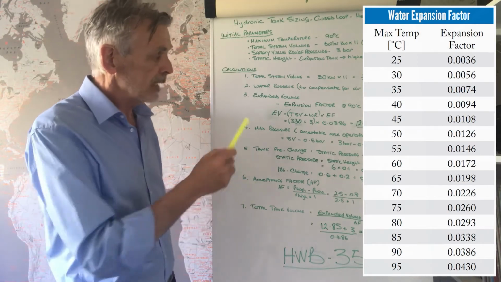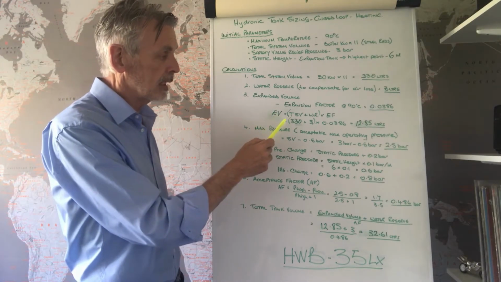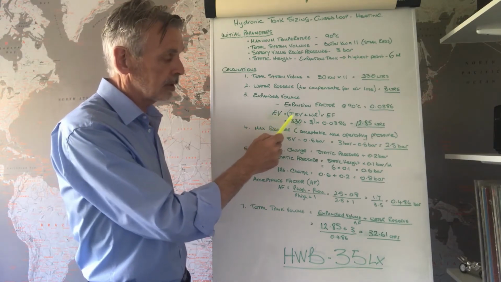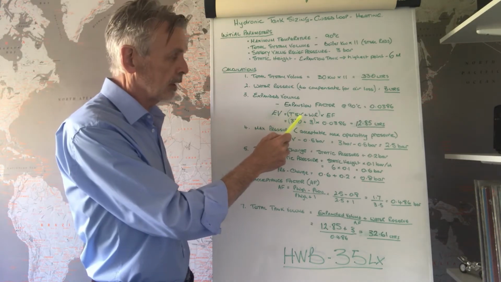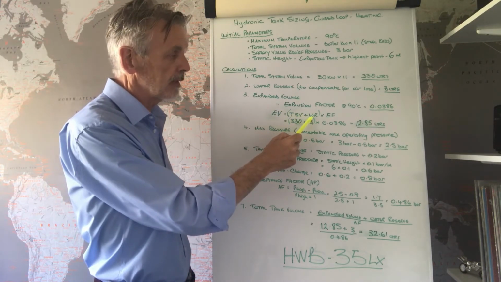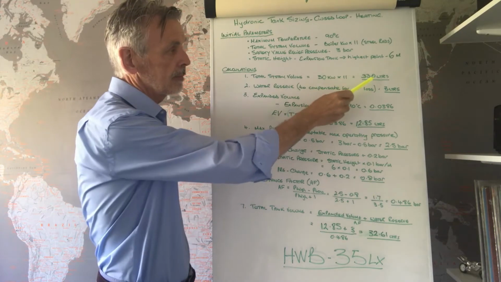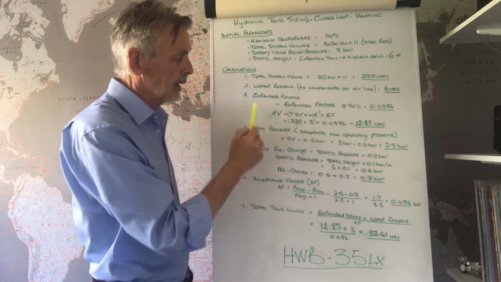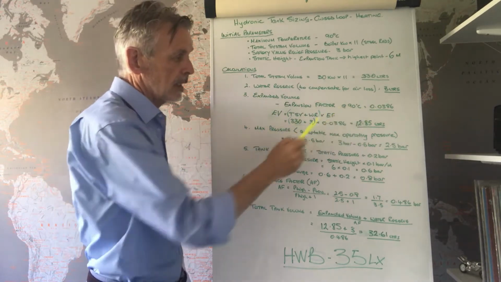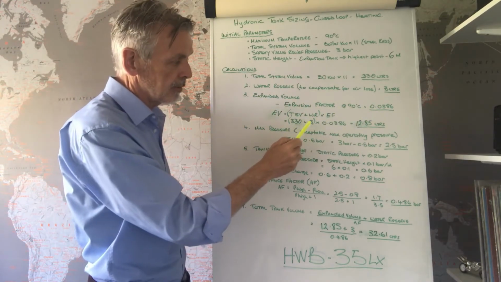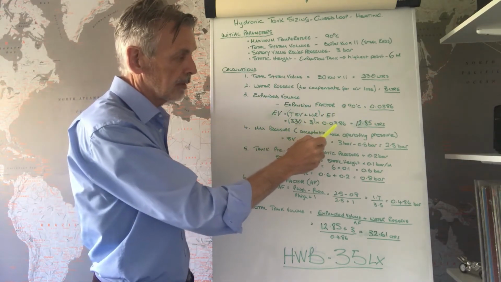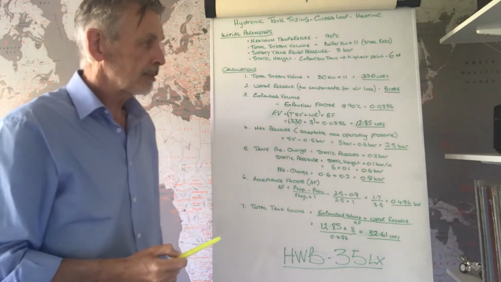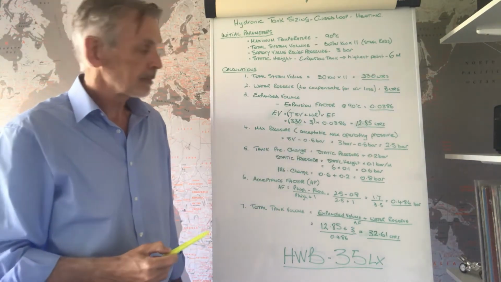Okay, now we can work out the expanded volume. The expanded volume is equal to the total system volume plus water reserve, times the expansion factor. So that's 330 plus 3 times 0.0386, that comes to 12.85 litres.